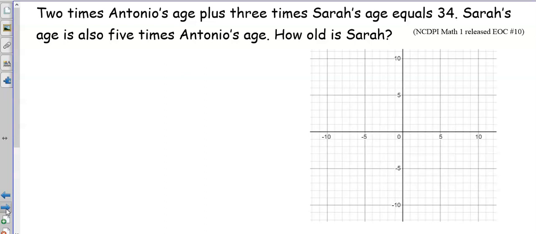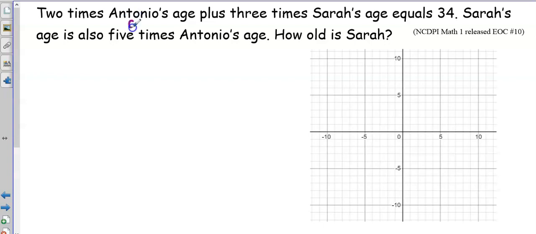Let's look at a couple of examples. So 2 times Antonio's age plus 3 times Sarah's age equals 34. Sarah's age is also 5 times Antonio's age. How old is Sarah? So let's start by writing a couple of equations. Whenever I have a word problem, I like to define my variables.